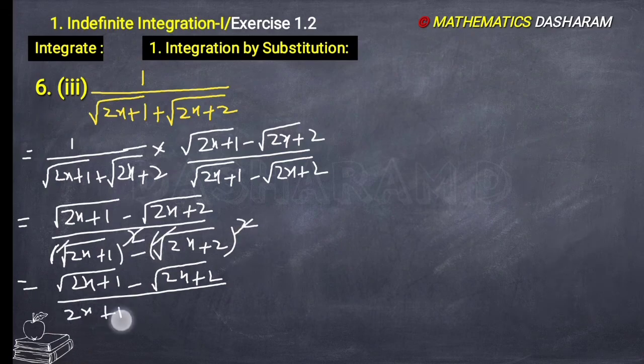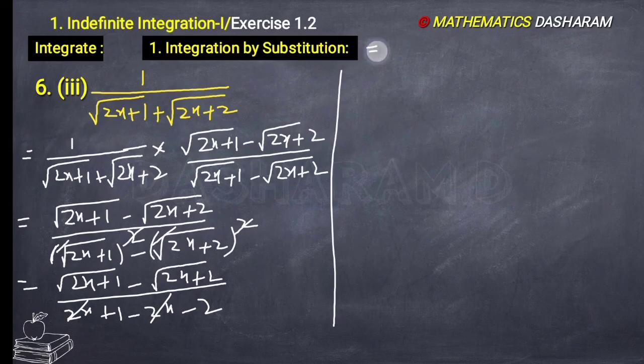Then 2x plus 1, remove the bracket, minus 2x minus 2, and 2x minus 2x cancel. So 1 minus 2 is minus 1, then minus 1 applied in the numerator gives root 2x plus 2 minus root 2x plus 1.